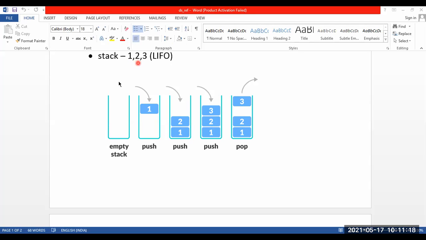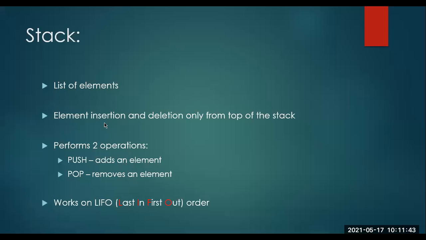Now I told you that the top of the stack is the portion wherein you are allowed to insert or delete an element. Have a look at the slide. It tells you, element insertion and deletion only from the top of the stack.